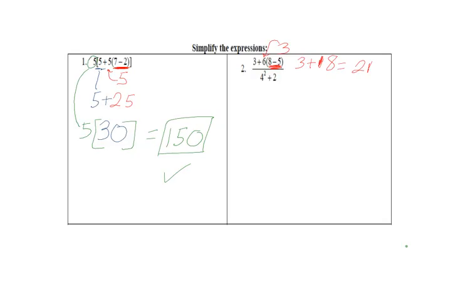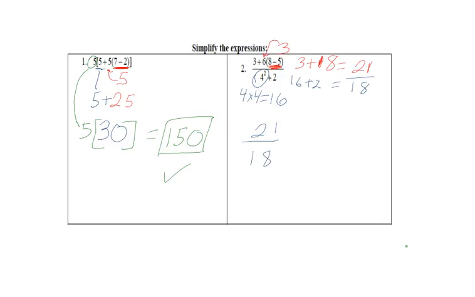For the bottom, you see 4 exponent 2. Exponent 2 just means 4 times 4, which I know is 16. But then 16 plus 2 is 18. So as of right now, our answer is 21 over 18.